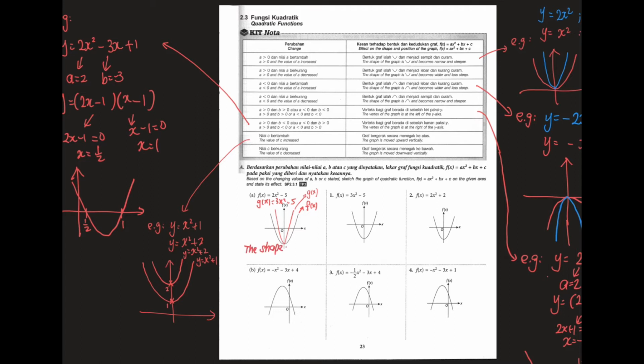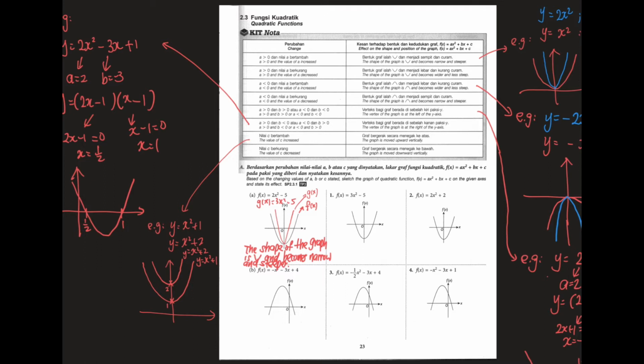The shape of the graph is happy face and becomes narrow and steeper. So something like this. They're supposed to give two functions. We see the changes, then we can sketch the graph based on the changes.